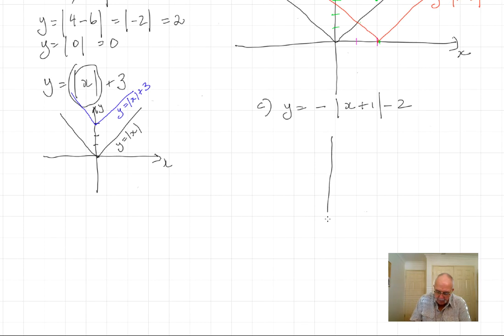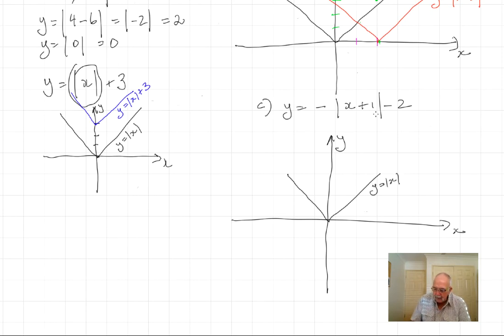So we'll draw our xy plane. And y equals the absolute value of x plus 1. So we know that y equals absolute value of x looks like that. Absolute value of x plus 1 will move it 1 unit to the left.